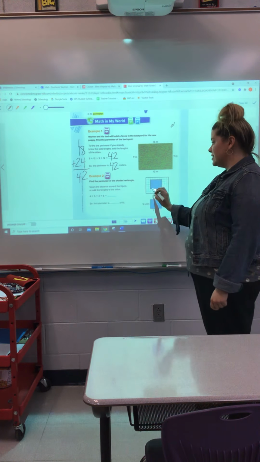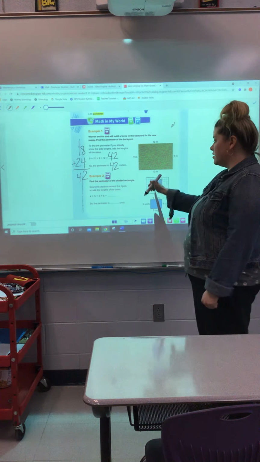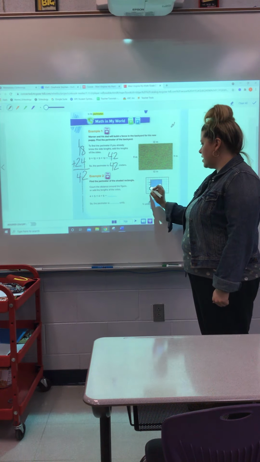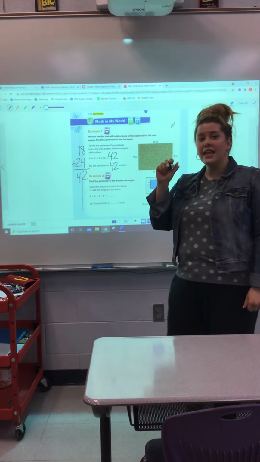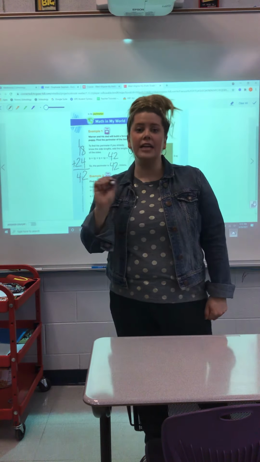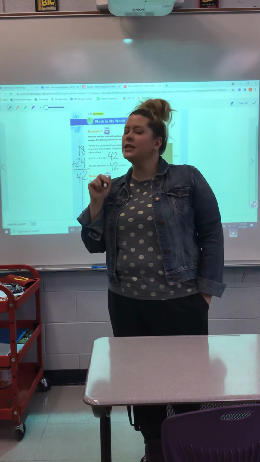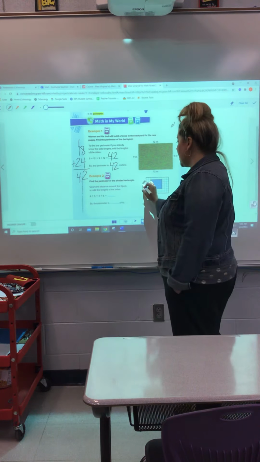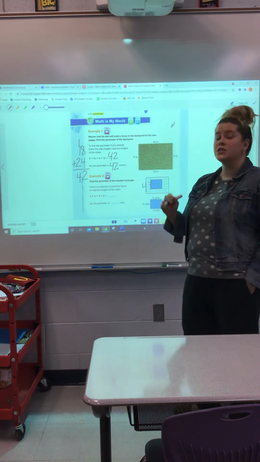So let's look at this side. How many squares are on this side? 1, 2, 3, 4. And I like to put a little dash mark on each one of those lines so that it's easy to see, hey, I already counted this. So this side of our shape is 4 square units.